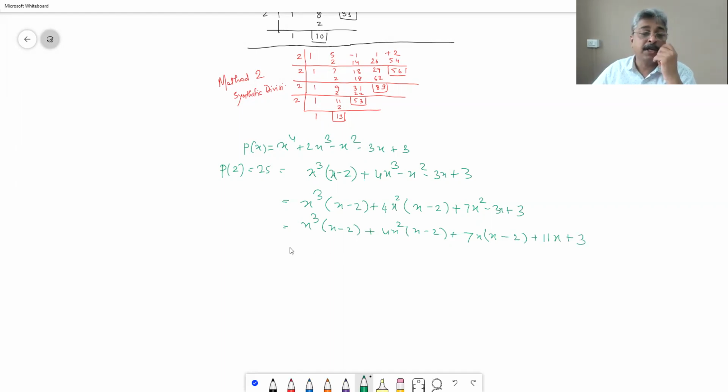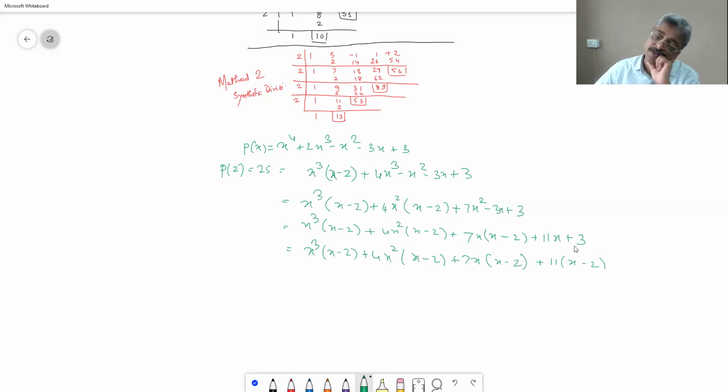I don't know whether I am writing it correct or not. x cube into x minus 2, 4x square into x minus 2, plus 7x into x minus 2, plus 11 into x minus 2, that makes it 11x minus 22, but you want plus 3, therefore plus 25.